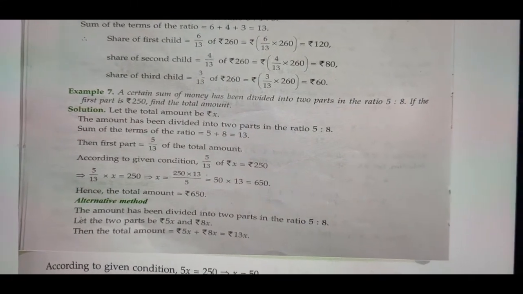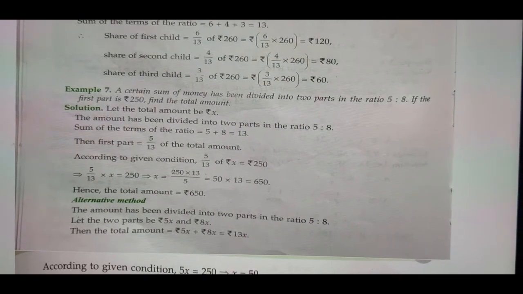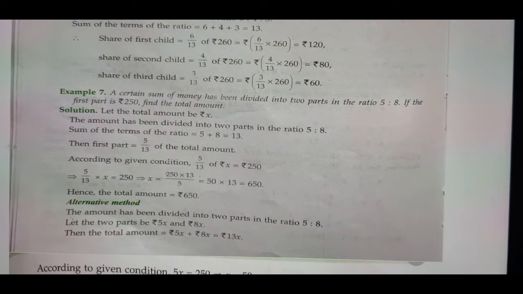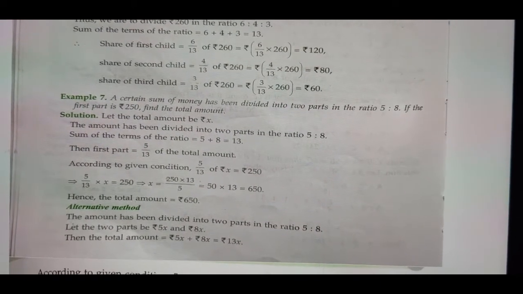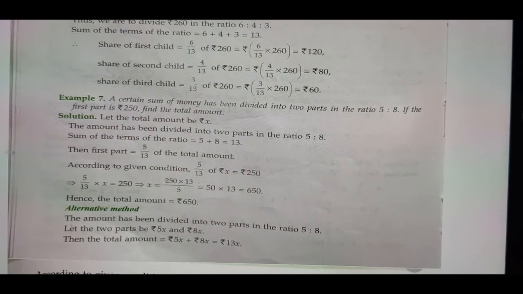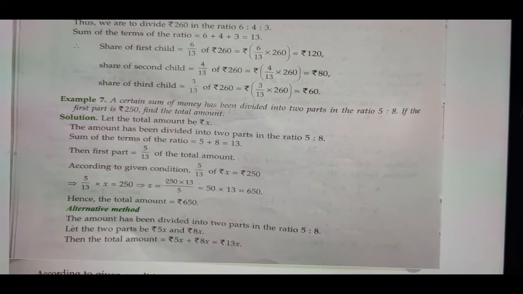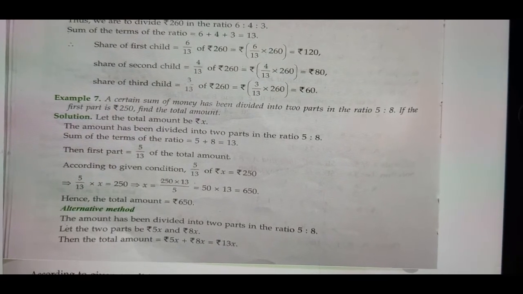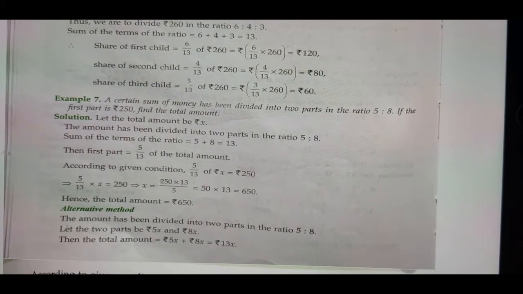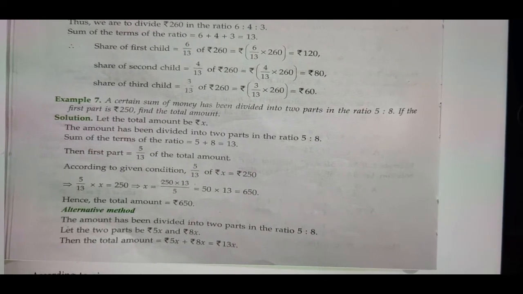A certain sum of money has been divided into two parts in the ratio of 5 is to 8, and the first part is 250. Find the total amount. So let the total amount be x, because we don't know what the total amount is. The amount has been divided in two parts, 5 is to 8, so 5 plus 8 is 13. So 5 upon 13 of x, because it is divided in two parts. First part is given, so 5 upon 13 of x is equal to 250.